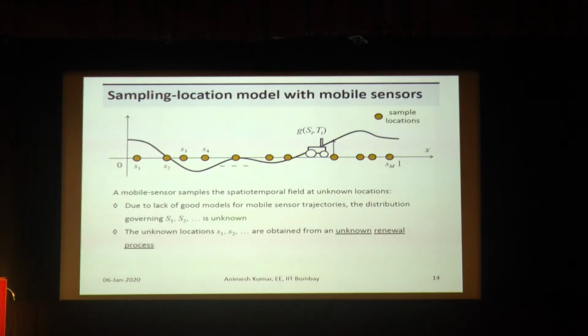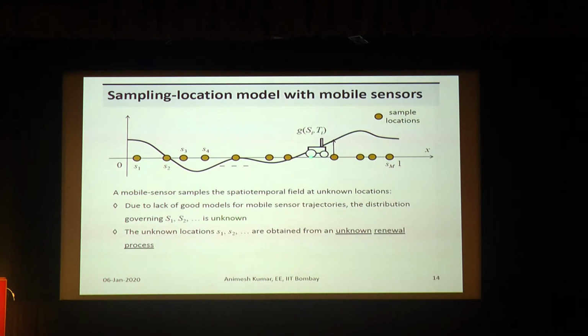So coming back to the unknown location model, I did hint that we had this question: what kind of stochastic location-unaware sampling, or what kind of unknown location model, is useful? Let me touch upon that. What is illustrated here is the path, let's say from left to right, or 0 to 1.